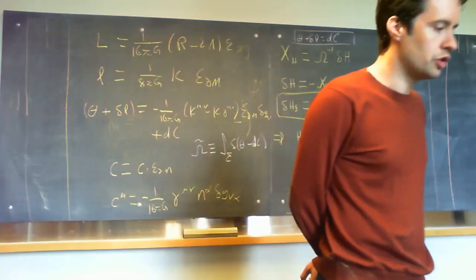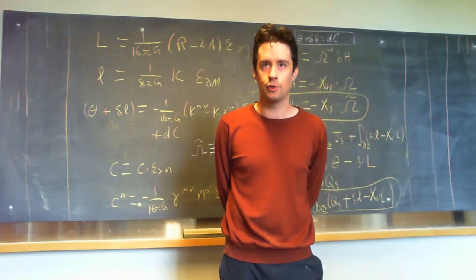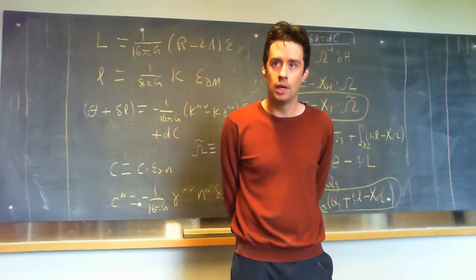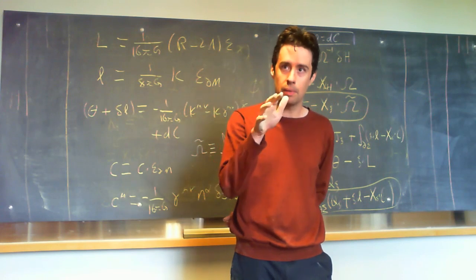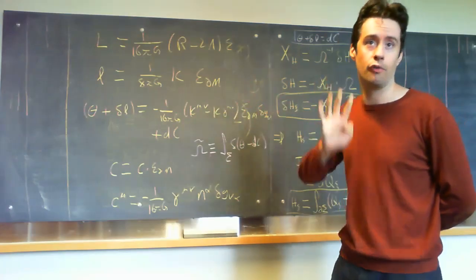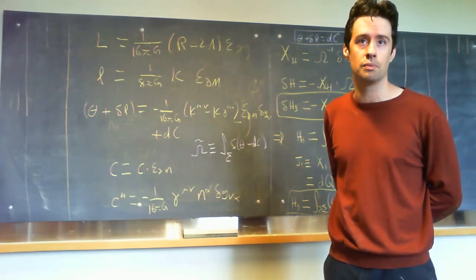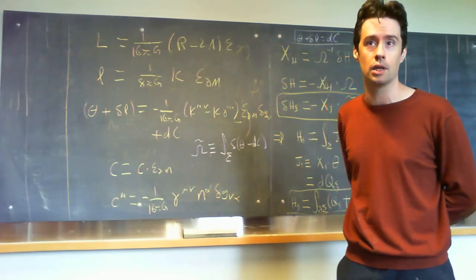Well, I assume only two things. The first is that the boundary conditions are preserved by whichever diffeomorphism you're considering. And the second thing is that L and C are covariant under the diffeomorphisms which preserve the boundary conditions.